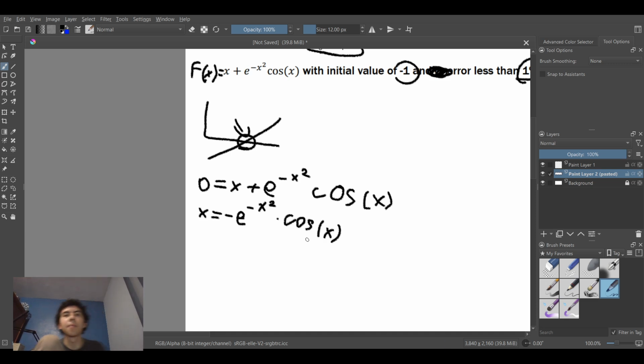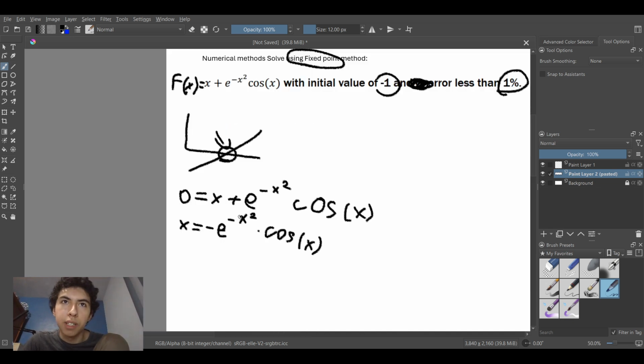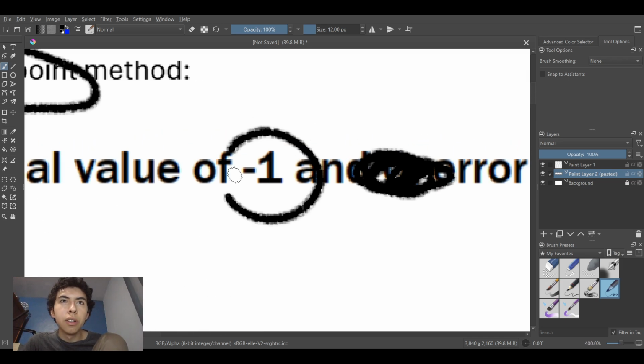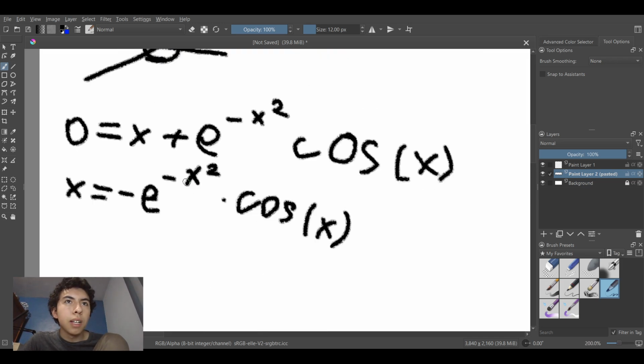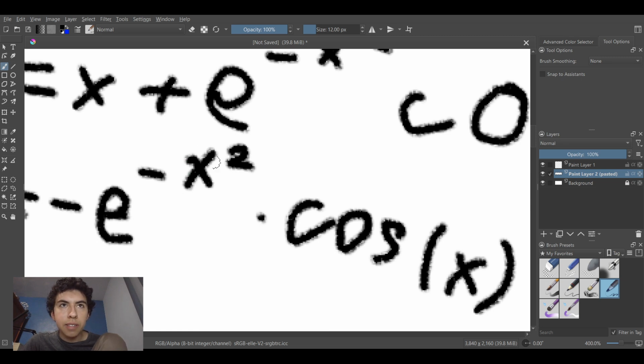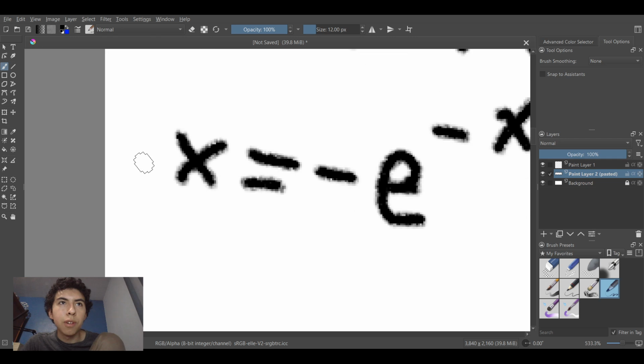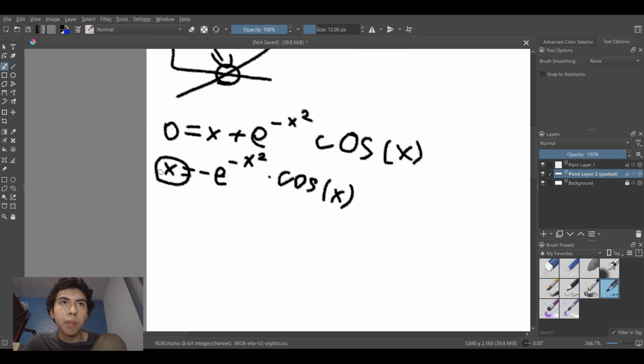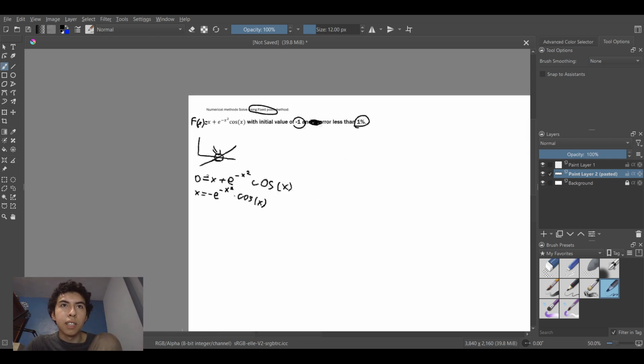I'm recording. Okay. Now that we have this, we take our initial number and plug it in as the value of x on this side, and we see what the next x will be. That's why it's called an iterative process.